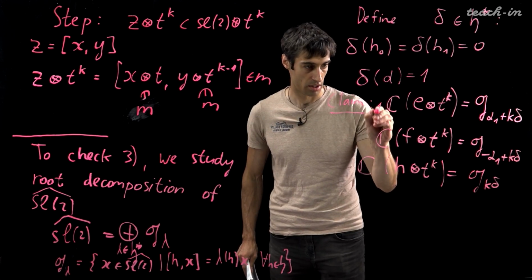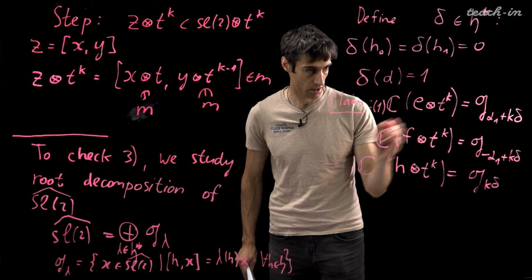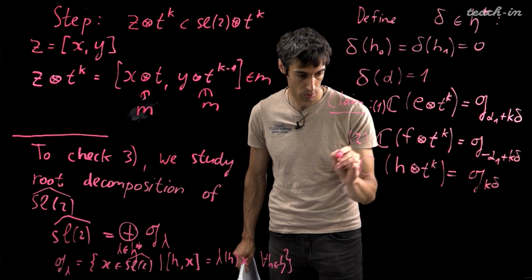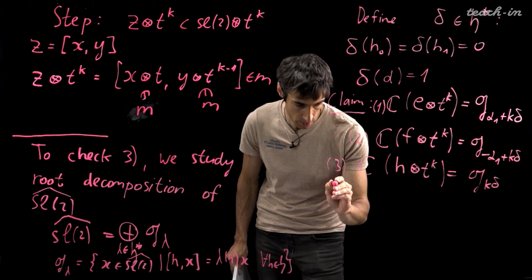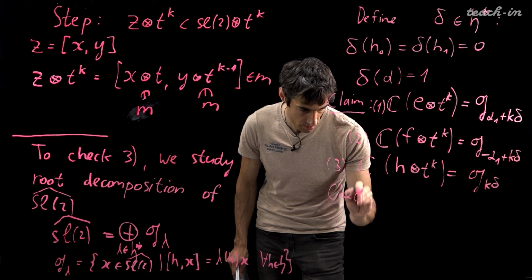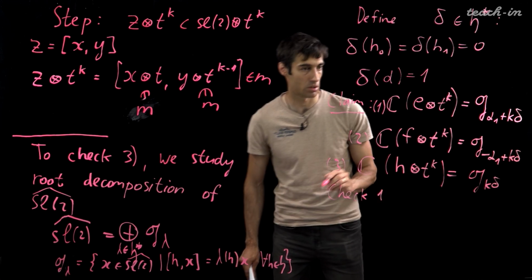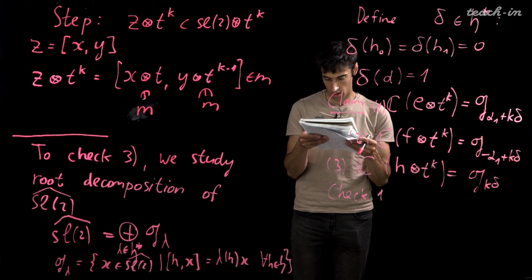So we can call this 1, this is 2, this is 3. So how to check 1, for example? Well, you use commutation relations.